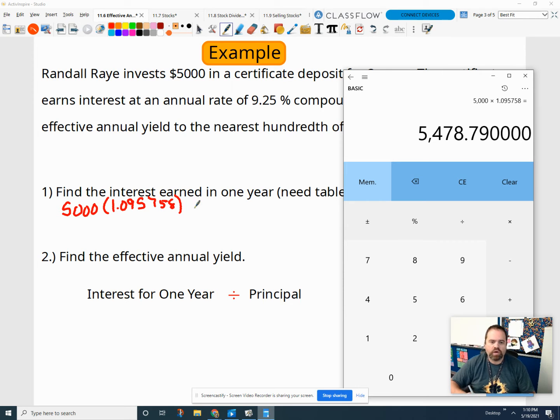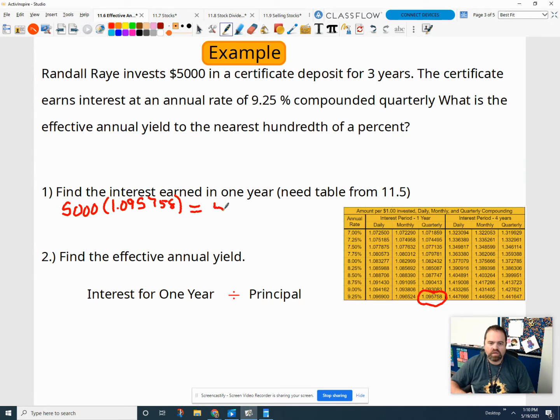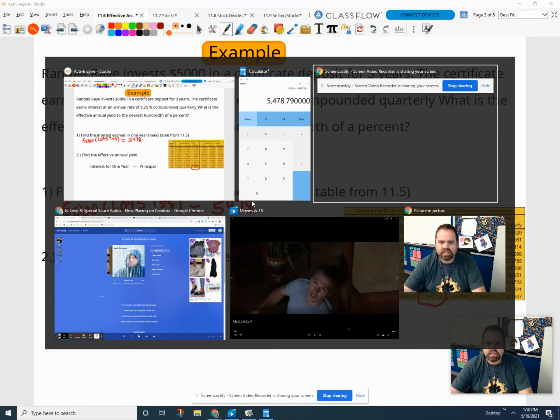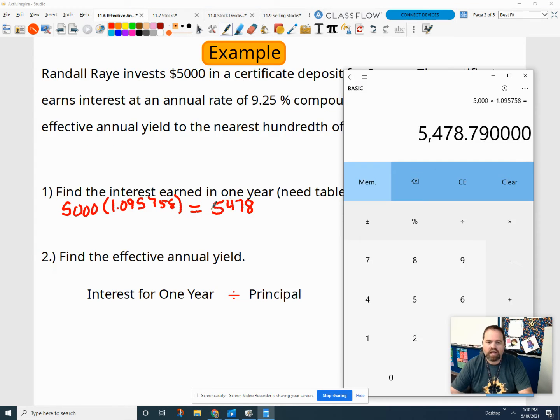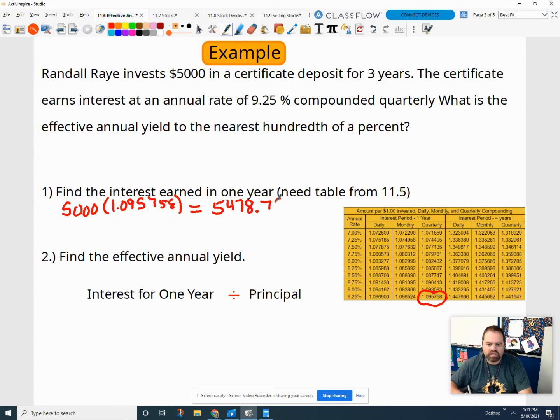So he's going to earn back $5,478.79. To calculate his interest, I'm going to take that 5,478.79 and subtract off the 5,000. So his interest earned was $478.79.